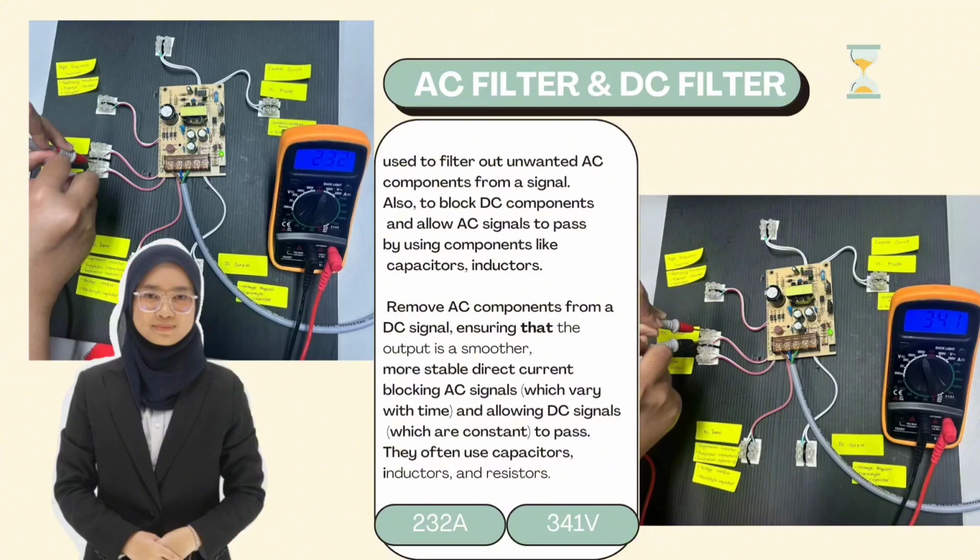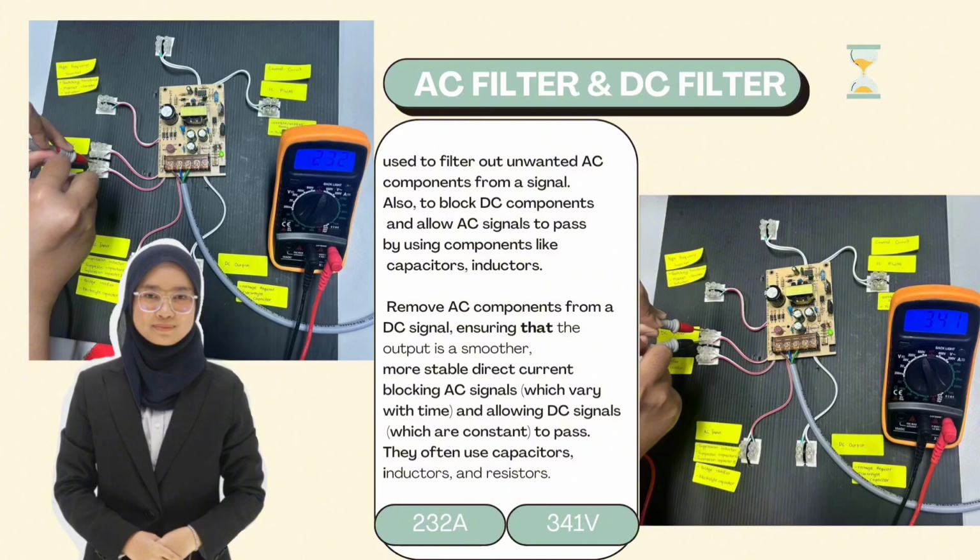The result of AC filter and DC filter. AC filter 232 ammeter and DC filter 341 volt. AC filter is used to filter out unwanted AC components or noise from a signal, also to block the DC component and allow the AC signal to pass by using components like capacitors and inductors.